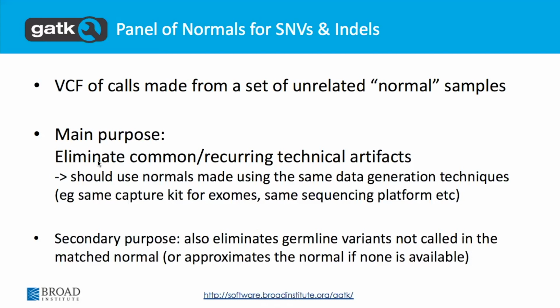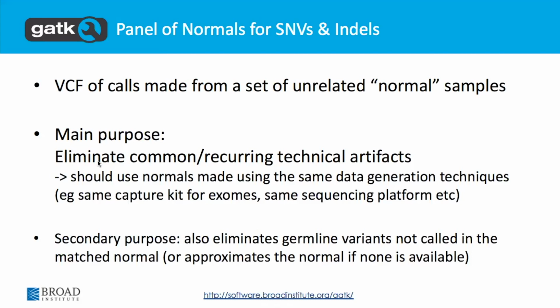Good. So let's say you have 100 tumor samples, but matching controls only for, let's say, half of them. Would you want to analyze them all using the panel of normals, or just the half which doesn't have the matching controls, and use the paired mode for the other? Use the panel of normals for all of them, because the matched normal will allow you to eliminate the germline variation from that person, but by itself it doesn't do anything about the technical artifacts that cause noise and a lot of false positives.